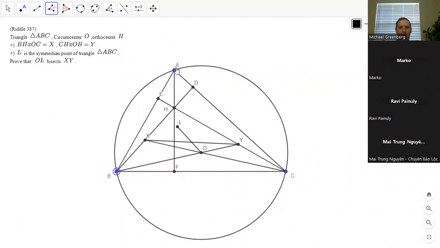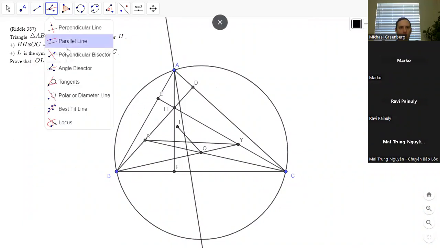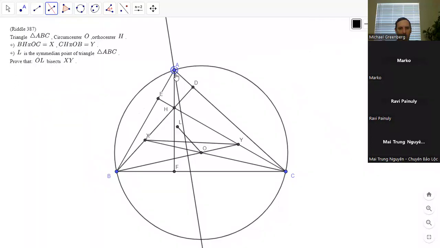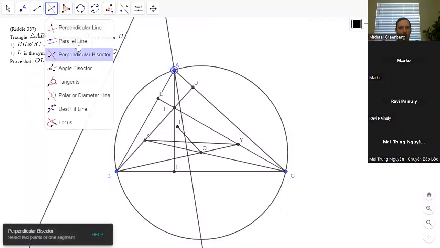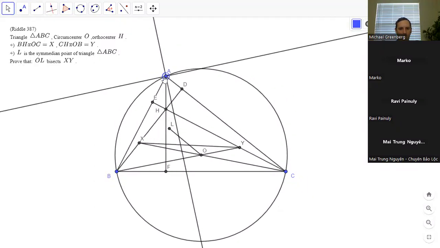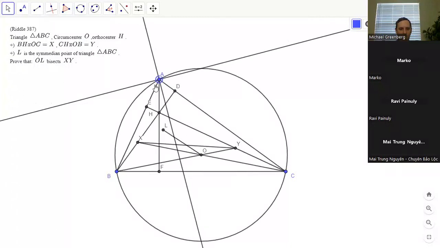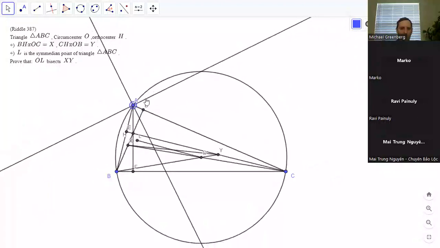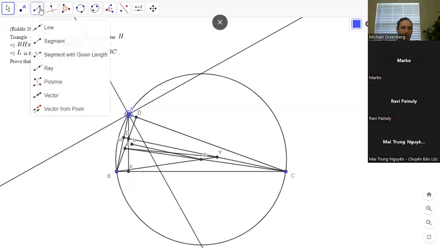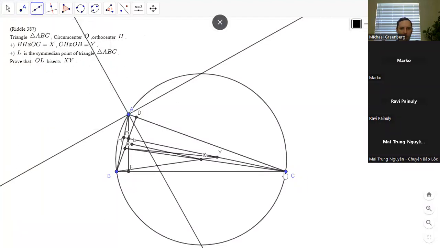So let's draw that. Might make the diagram a little tricky, but let's first just draw something and then see how it looks. Okay.